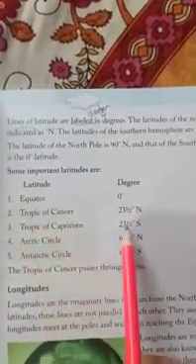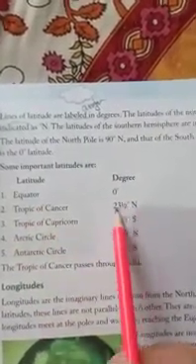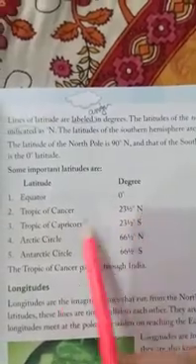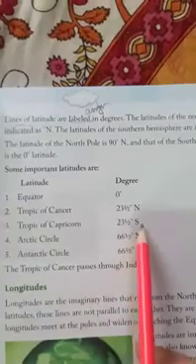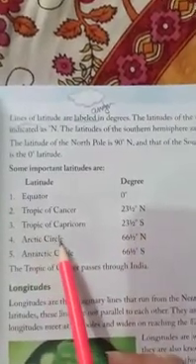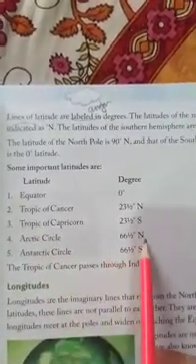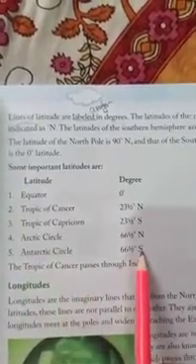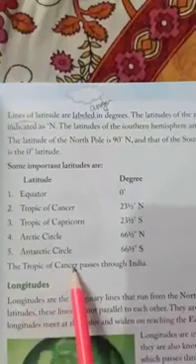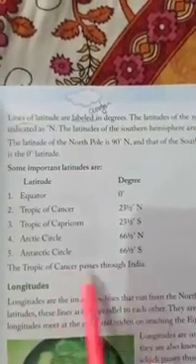Tropic of Cancer, 23.5 degree north. Tropic of Capricorn, 23.5 degree south. Arctic Circle, 66.5 degree north. Antarctic Circle, 66.5 degree south. The Tropic of Cancer passes through India.